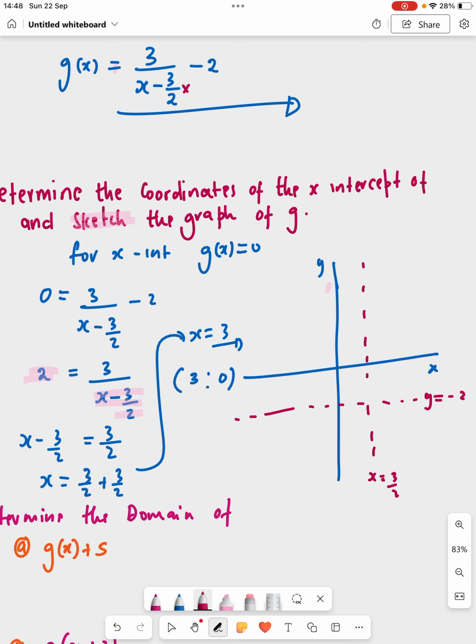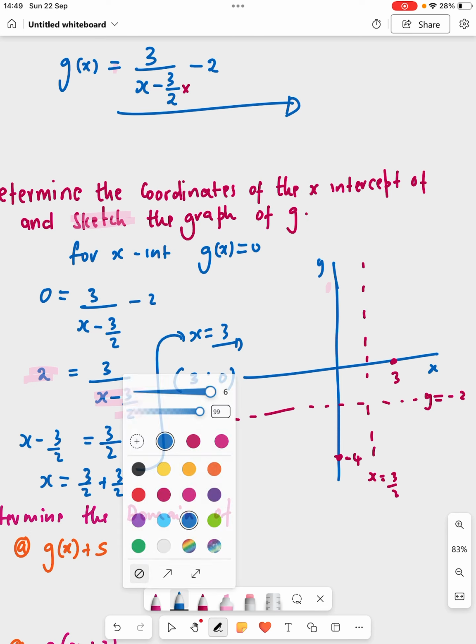So we calculated our x-intercept. Positive 3 is here. So we have our positive 3 as our x-intercept. We were given our y-intercept as minus 4. So here is our y-intercept at minus 4. So our graph will look like this. Here is our hyperbola.